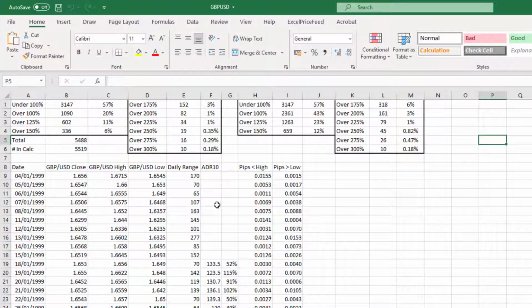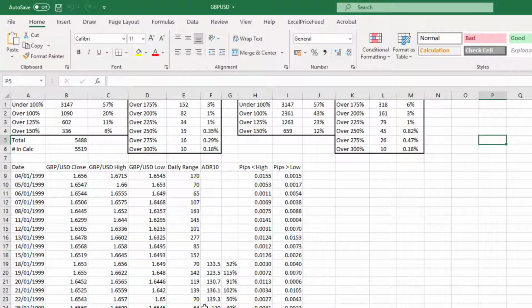So the average daily range on the 18th of January was 133.5 pips. That's the average daily range of the last 10 days. And on that particular day, it moved 70 pips. So that gave us roughly 52% of its average daily range. The next day, the average daily range was 123.5 and it moved 142 pips. So you can see there that it did 115% of its average daily range.